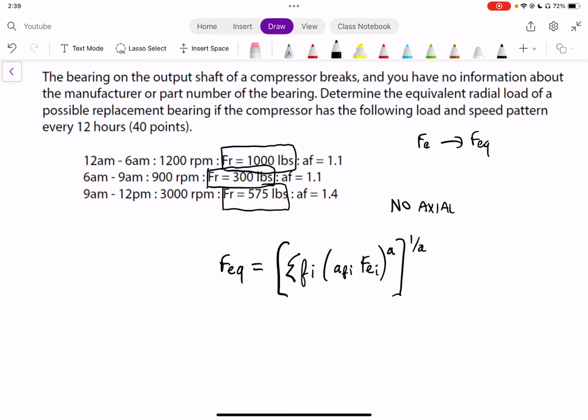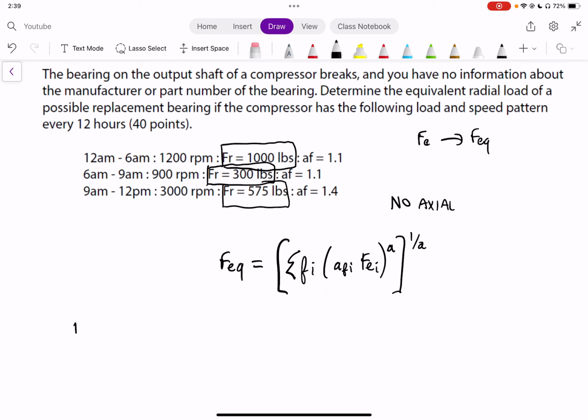So the first thing we want to do is look at the time. We're given an RPM value and a time, but we're not given revolutions. So we have to write the time and the speed out to find the time fraction, essentially.